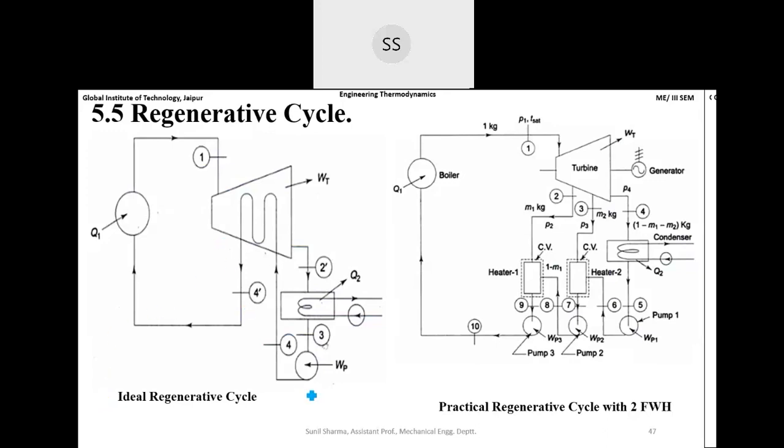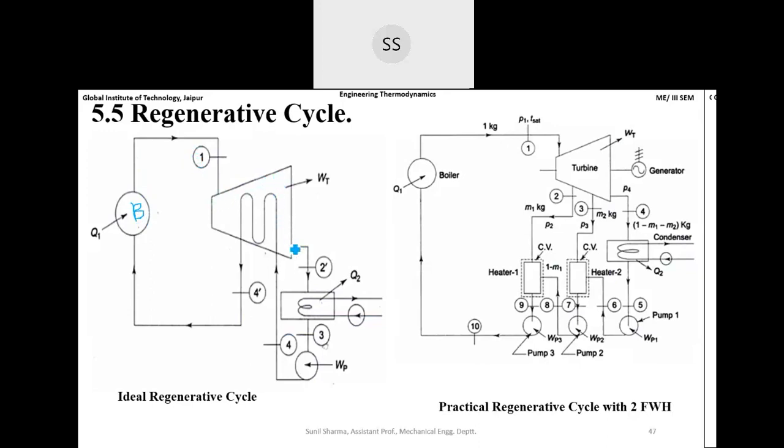So say you did the pumping and after the pumping the water came here after pressurizing, okay, where you added some heat in the boiler. So this is the boiler. So after the boiler the water goes to the turbine, and in the turbine the expansion takes place.